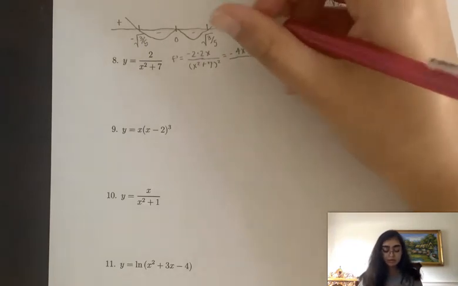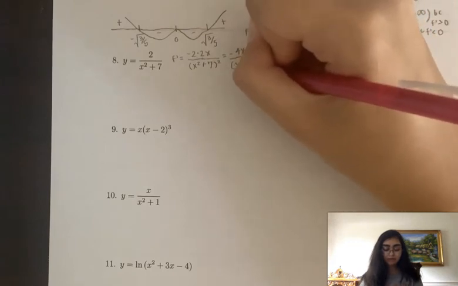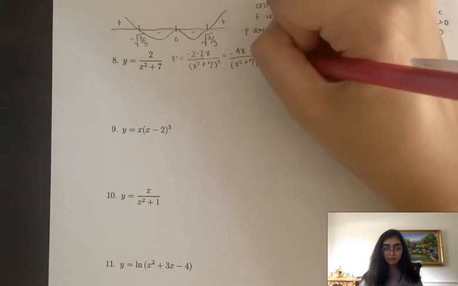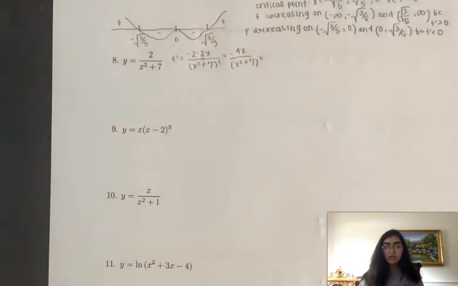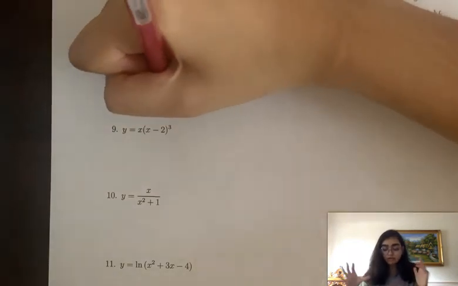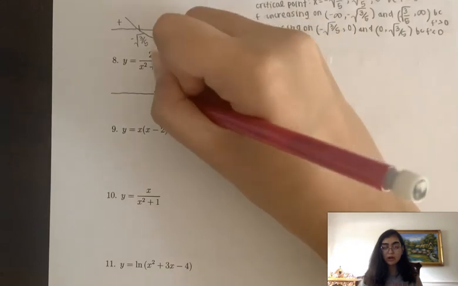We can simplify the numerator of this fraction by multiplying negative 2 and 2 to get negative 4x at the top. And we're not going to consider the denominator in our sign chart, since x squared plus 7, all in parentheses squared, is always positive.